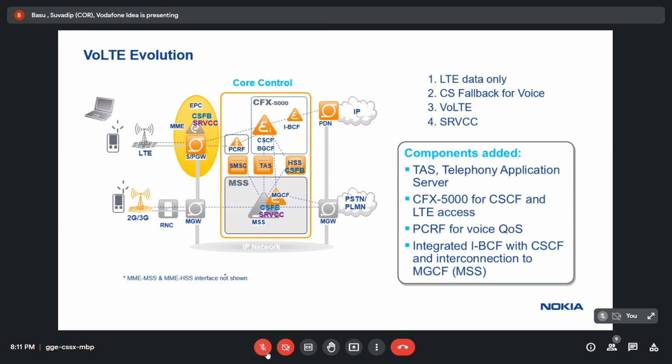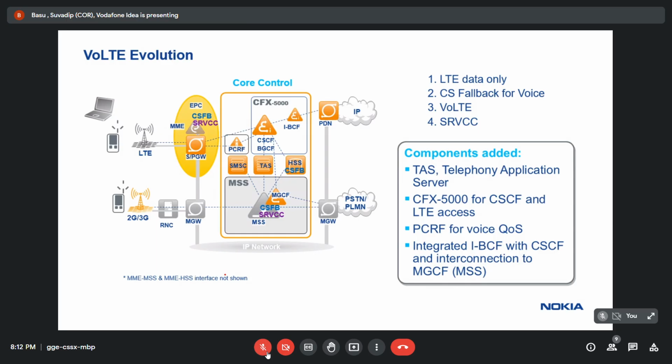Now what are the components added in VoLTE? TAS, the telephony application server. The CFX 5000 for the call session control functions. The PCRF, of course, for the QoS part, and PCRF is of course a part of the EPC. It's a part of basically the packet core network, which is interworking in the VoLTE network, because it controls the policy and charging rules.